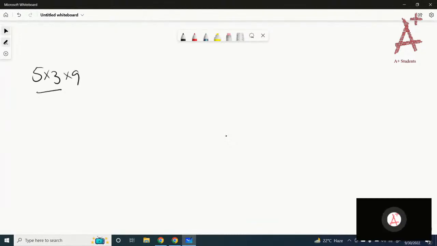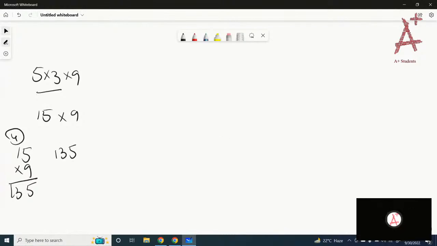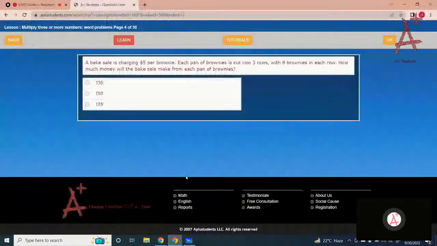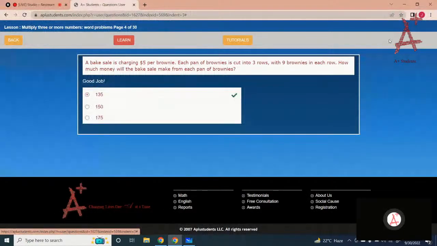Okay, 5 times 3 is 15. Now you have to do 15 times 9. So just multiply. 9 times 5 is 45. You have to write 5 over here and carry 4. 9 times 1 is 9, 10, 11, 12, 13. It would be 135. Got it? So in total sale they make is 135. Got it? So select the correct option and click on the OK button.